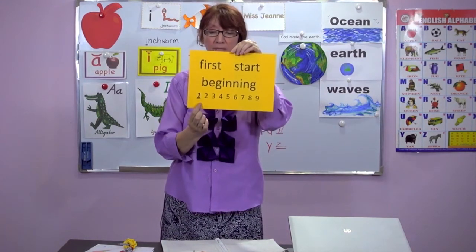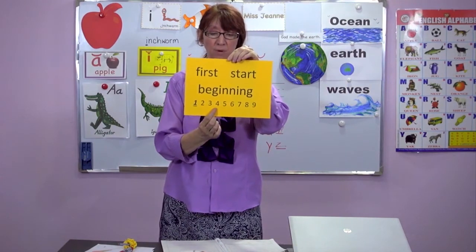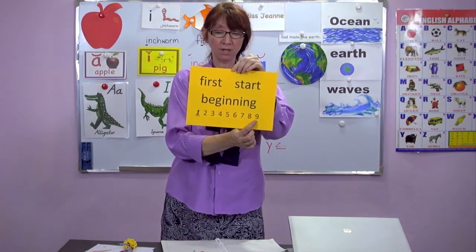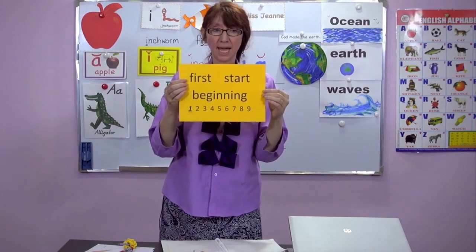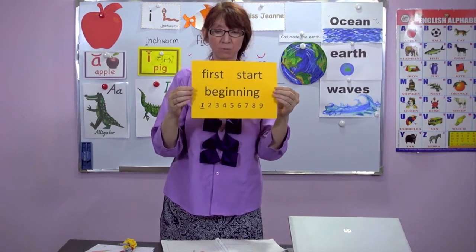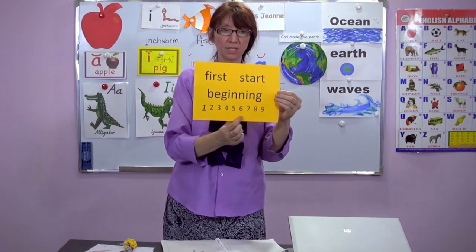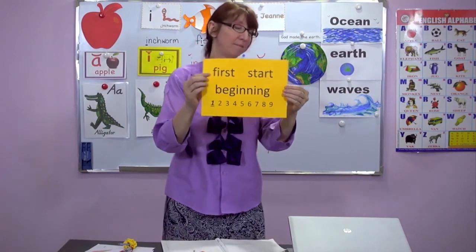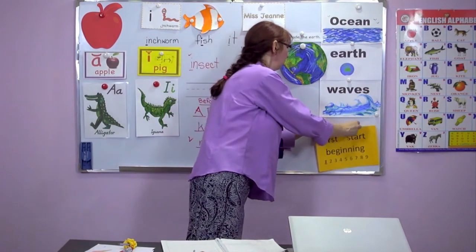When you count 1, 2, 3, 4, 5, 6, 7, 8, 9, which number is at the beginning? Andreas. Which number is at the beginning when I look here? 1. Very good. The 1 is at the beginning. You got that very quickly.